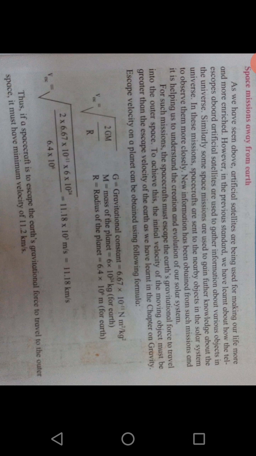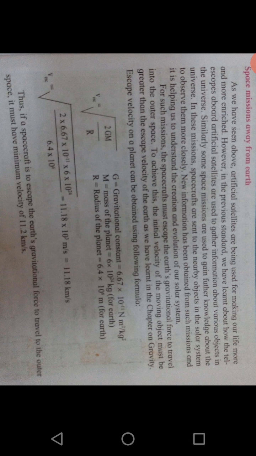We know that escape velocity is equal to square root of 2GM upon R. Here G is the gravitational constant and its value is 6.67 into 10 raised to minus 11 Newton meter square per kg square.